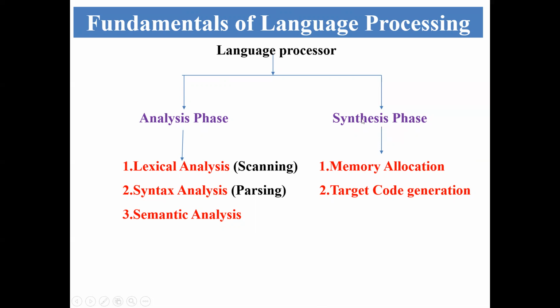In the synthesis phase, two very important tasks are done: first, memory allocation, and second, target code generation. Also, lexical analysis is called scanning, and syntax analysis is called parsing.